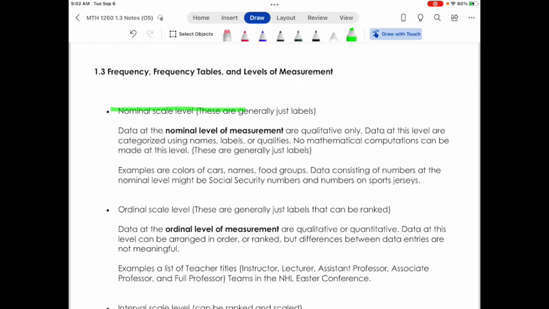If we're talking about education, we have instructors, lecturers, assistant professor, associate professor, and then full professor. Those are categories, but you can also rank them from lowest to highest. Instructor would be the lowest, and the full professor would be the highest. So they're categories, but they can be ranked. That is an example of data that has a level of measurement of ordinal.